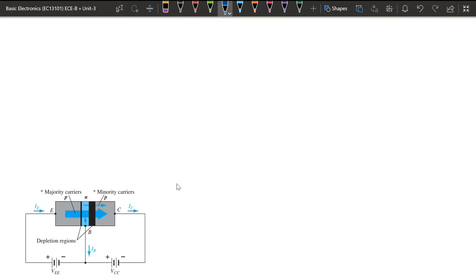Okay, so in this forward bias diode case, we are moving majority charge carriers to the N region, and in the N region this charge carrier is considered to be a minority charge carrier.